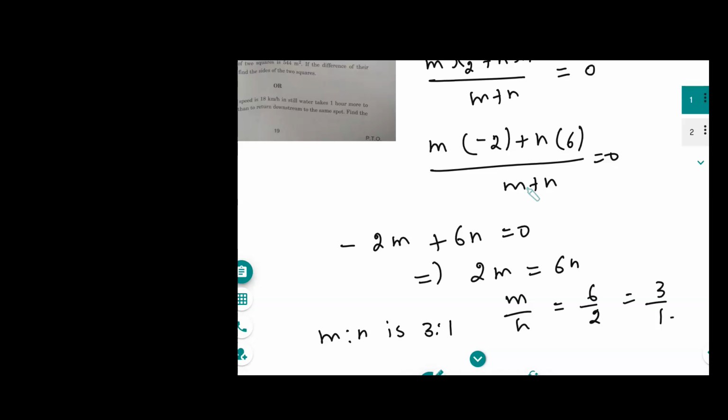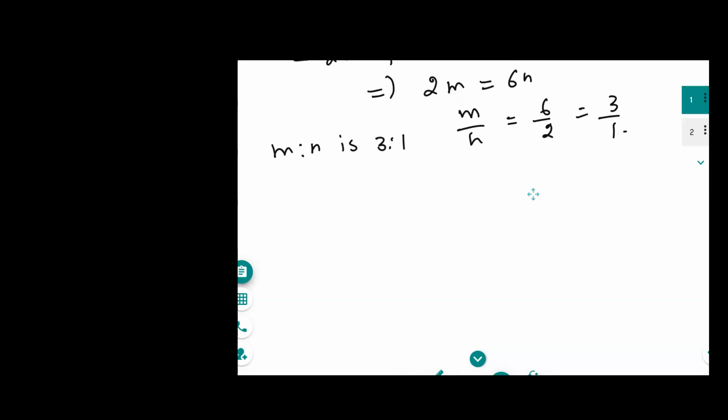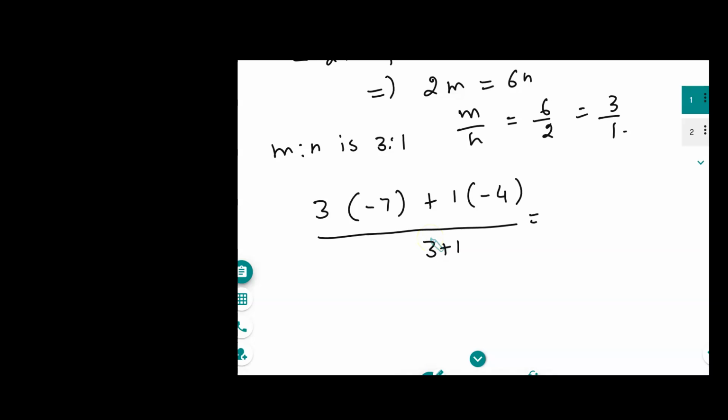Now to find out the coordinates of the point of intersection, let us substitute the ratio 3 is to 1 for the y coordinate. That gives you (3 times minus 7 plus 1 into minus 4) by (3 plus 1), which is equal to (minus 21 minus 4) by 4, which is equal to minus 25 by 4.